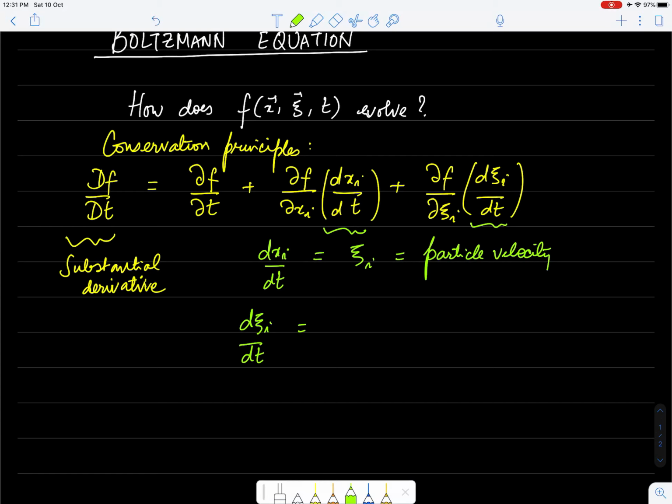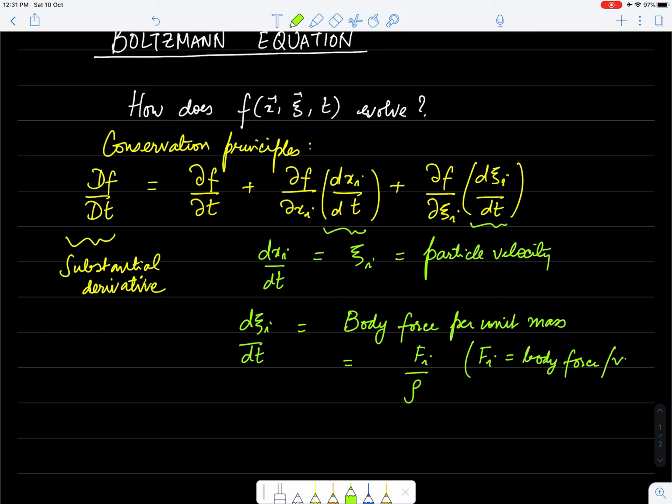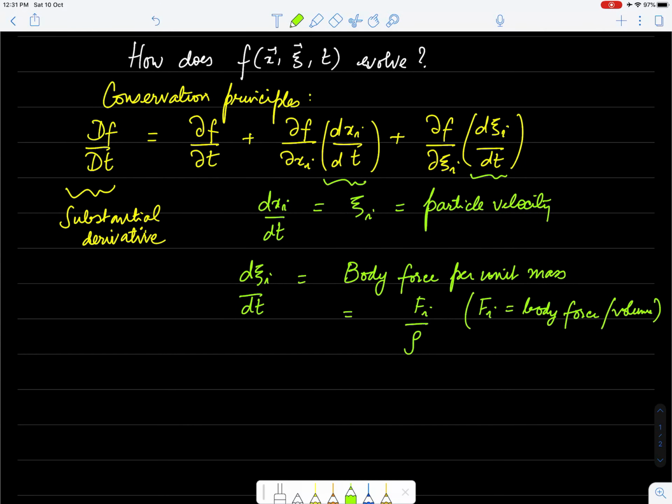That would be the acceleration, and acceleration is the body force per unit mass. So I can write this as Fi by rho, where Fi is the body force per unit volume and rho is the density, the fluid density.